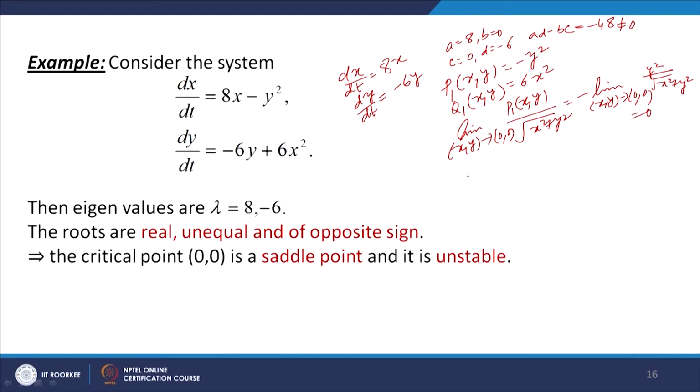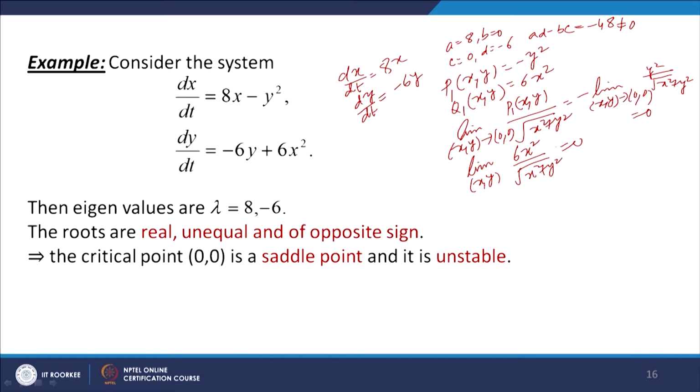Similarly, the limit as (x, y) tends to (0, 0) of 6x square, which is Q1(x, y), upon square root of x square plus y square will be 0. So, the second condition is also met.